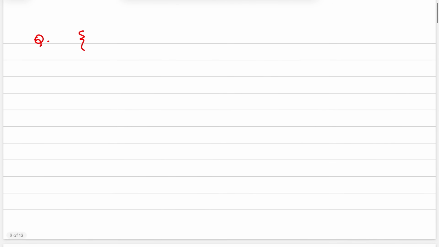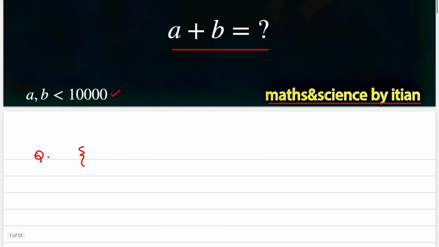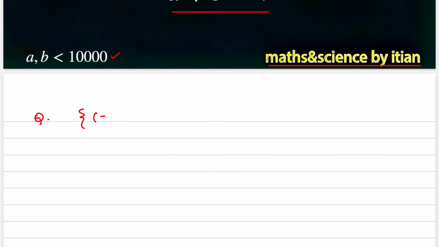The question is, first let us try to understand the question. What is the question here? The pair (A, B) belonging to N square. Don't worry about the N square.